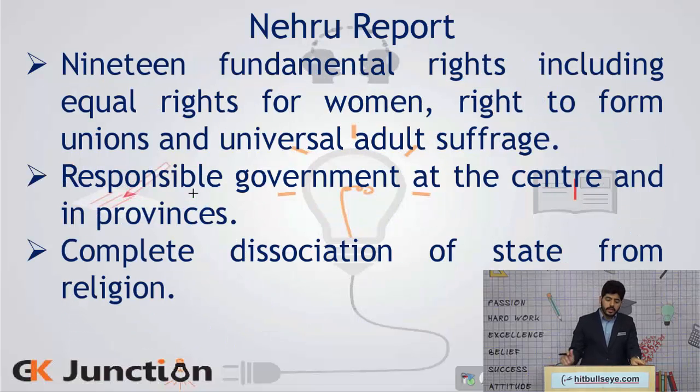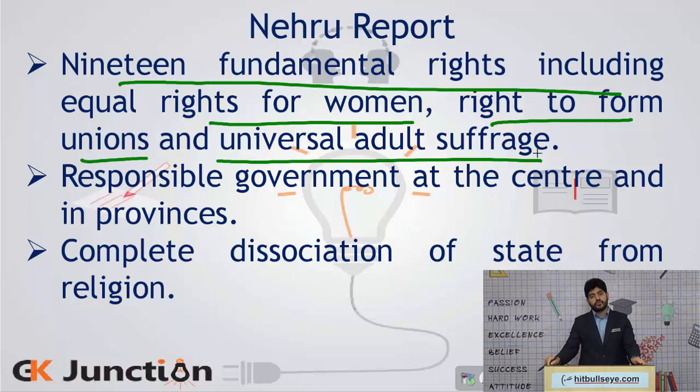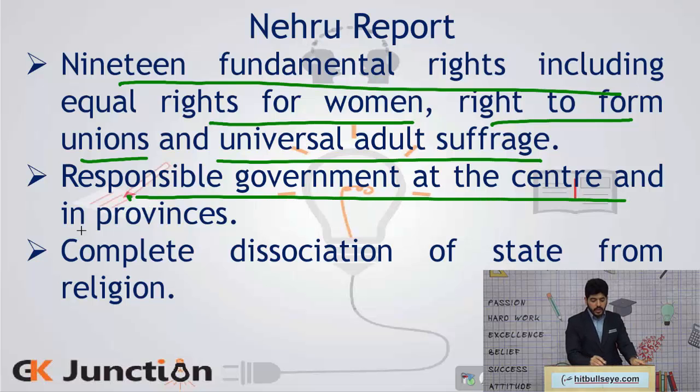Next was that 19 fundamental rights were included, which also included rights such as rights for women, rights to form unions, and universal adult suffrage. A provision was made in the Nehru Report itself for a responsible government at the center and in the provinces.